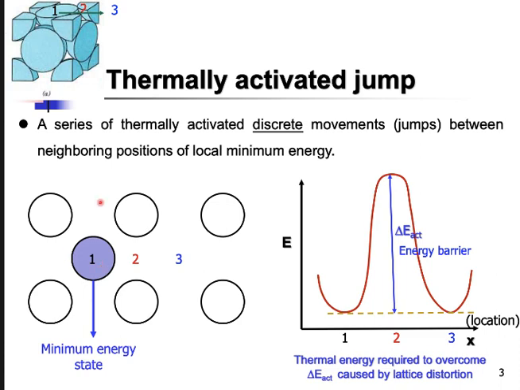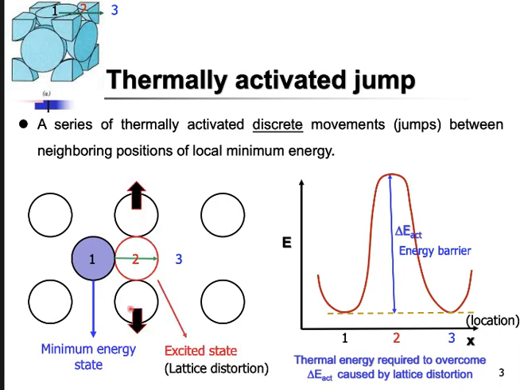If you really draw the material structure, it looks like this, right? The blue atom at location 1, if it wants to move to location 2, needs to push these two atoms away, and this will cause lattice distortion.